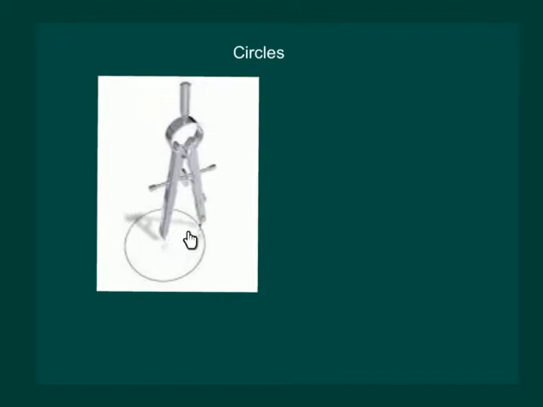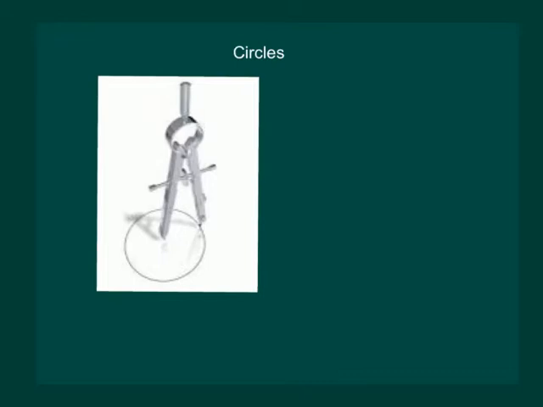Open the other leg to some distance, keeping the pointed leg on the same point. Rotate the other leg through one revolution, which is the closed figure traced by the pencil on paper. We know it is a circle.